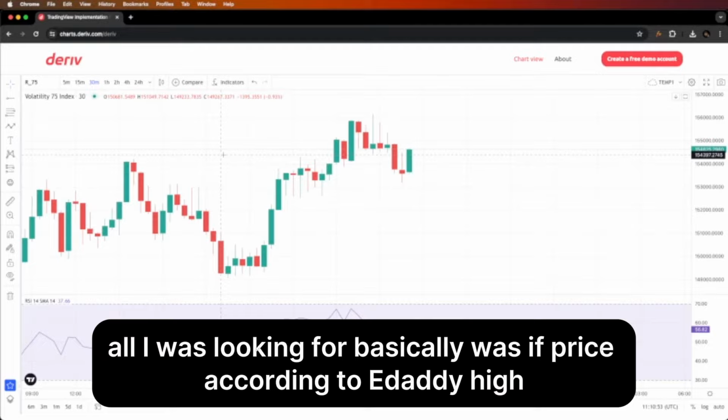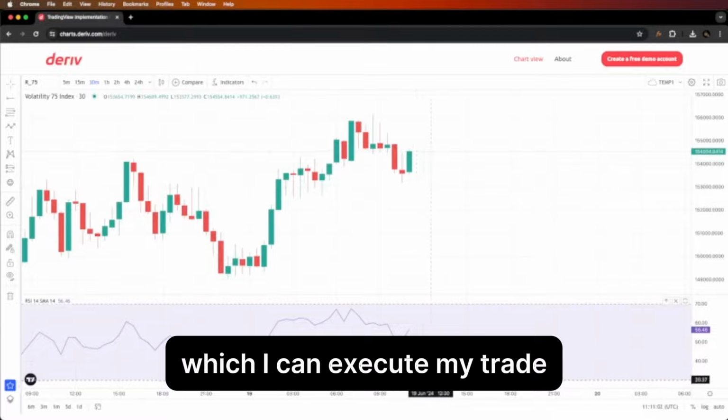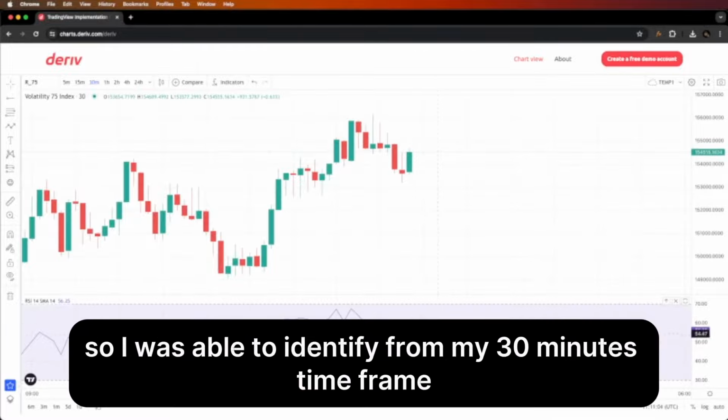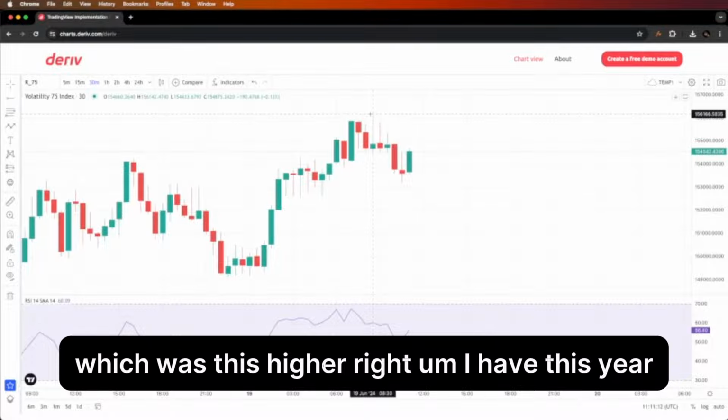All I was looking for was whether price had gotten to either the high, which is 70, or the low, which is 30, where I can execute my trade. I was able to identify from my 30 minute time frame that price got to 70, and then I marked it, which was this high here.